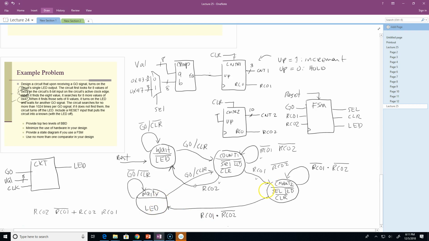Okay, so the other transition here is on a transition back here when I hit an RCO2, come on, stay in there, and RCO1 is off.